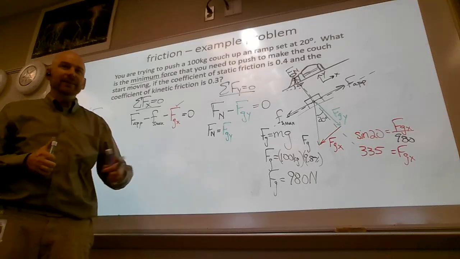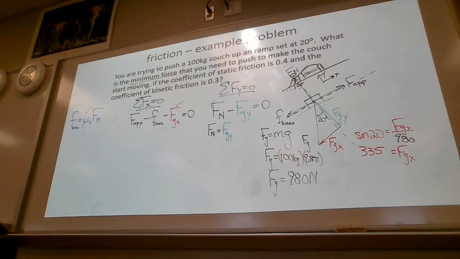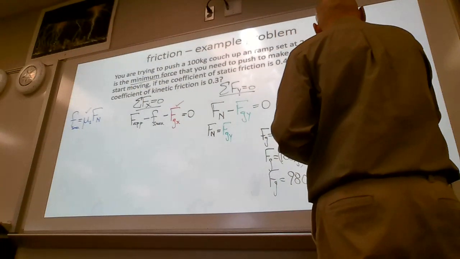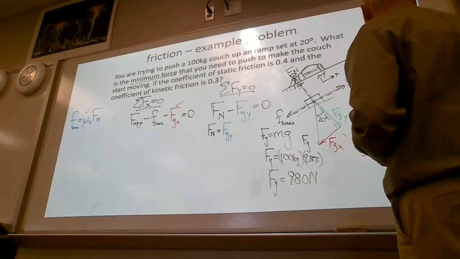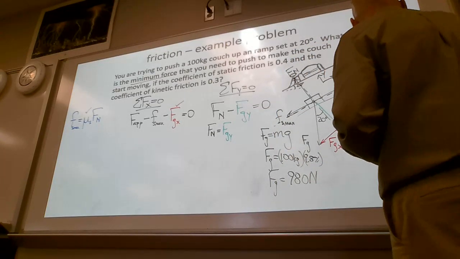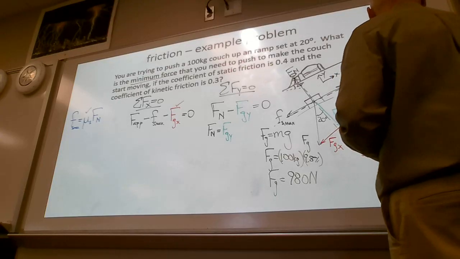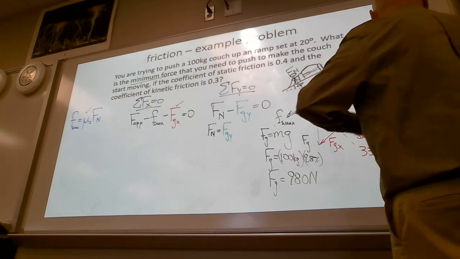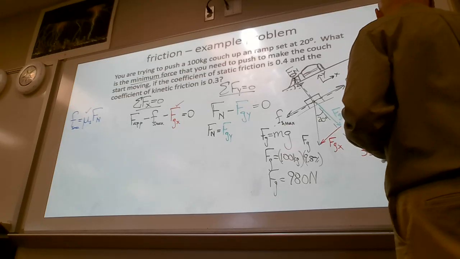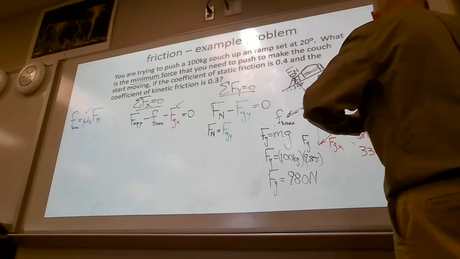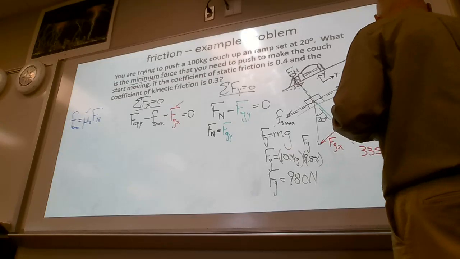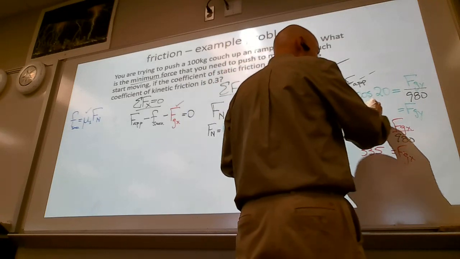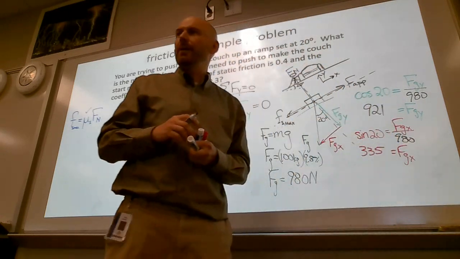Tell your neighbor how you're going to find the green. You have cosine of 20 is equal to FG of Y over 980. FG of Y is going to be equal to 921, I believe. 921 newtons.